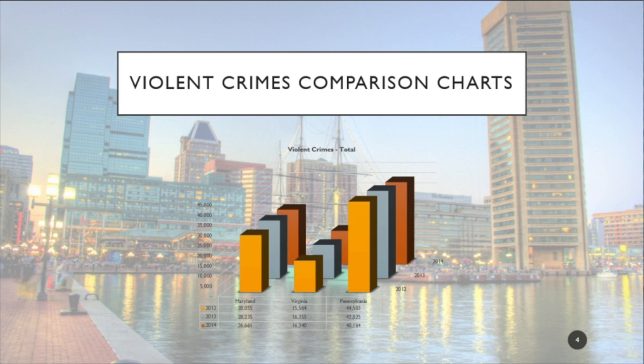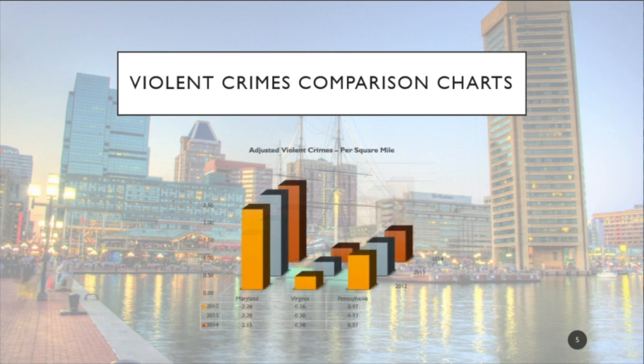However, when you compare it to the number of crimes per square mile, you can see how the numbers change. So this is a good way of having a presentation help you and narrate the story that you're trying to present. And this concludes this laboratory.